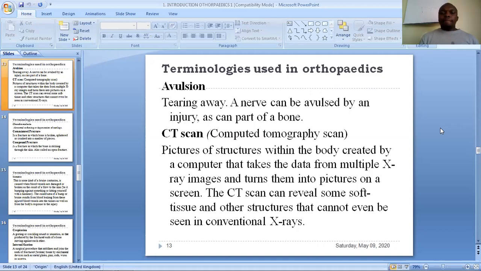The CT scan can review some soft tissue injury and other structures, just like magnetic resonance imaging. And remember that the conventional X-ray cannot indicate any injury to the soft tissues compared to the MRI and the CT scan.